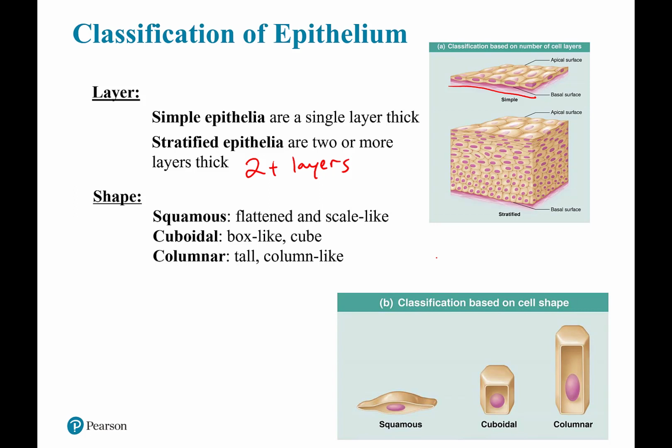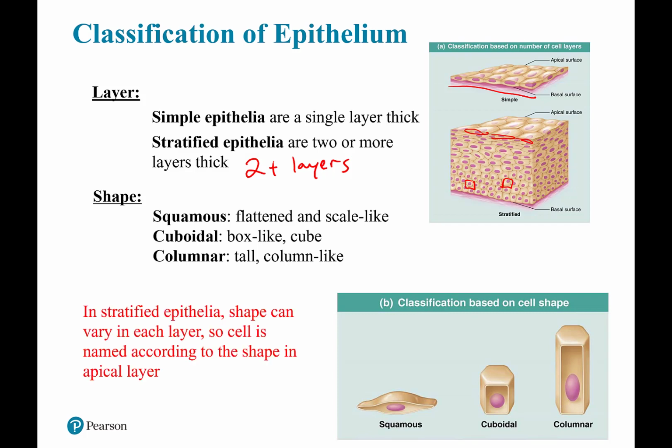But identifying shape could be really hard if there are multiple layers, right? So for example, in this tissue here, you have some square looking shapes, and then you also have some flat tissues up here. So which shape do you use? The rule is that if you have more than one layer, you only use the top layer.